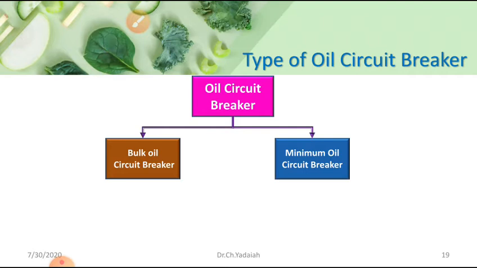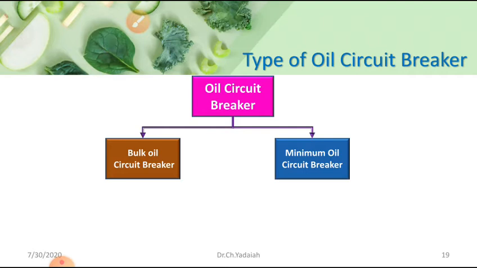In the bulk oil circuit breaker we use that much oil for cooling and insulating purposes, whereas in the minimum oil circuit breaker the oil is used only for quenching, that is, only in the interrupting chamber.